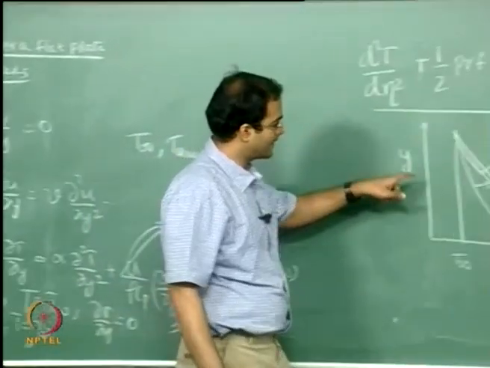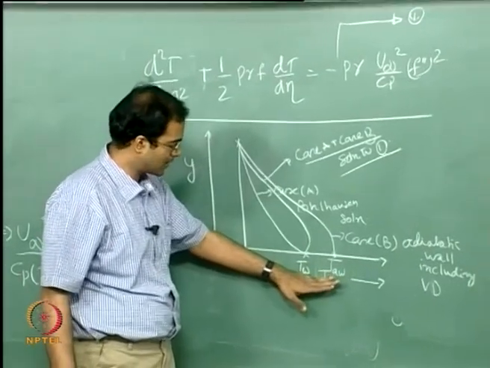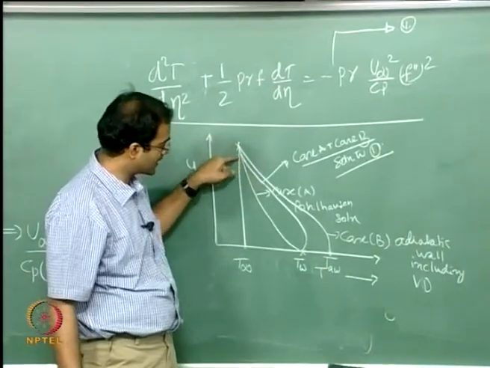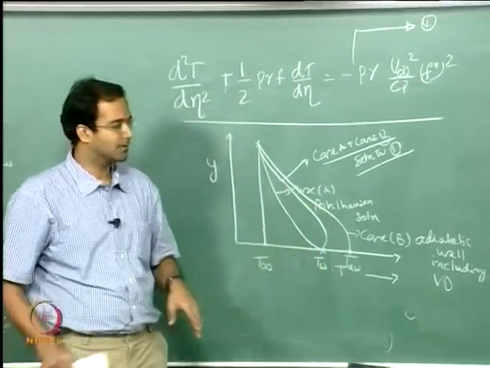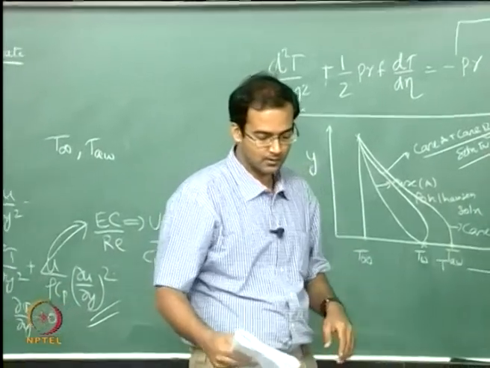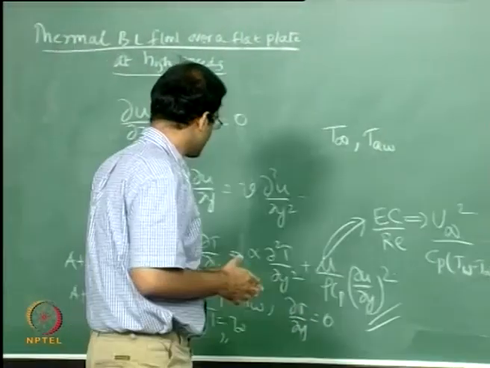So finally, because of the viscous dissipation, you force the temperature at the wall to T wall, but the viscous dissipation effect will deviate the profile from the Pohlhausen profile. As I said, that is the clue to solving this problem, which we will do tomorrow. We will split the solution into two parts.